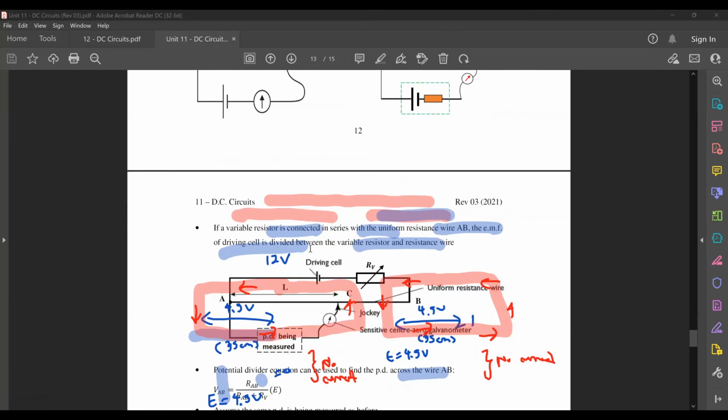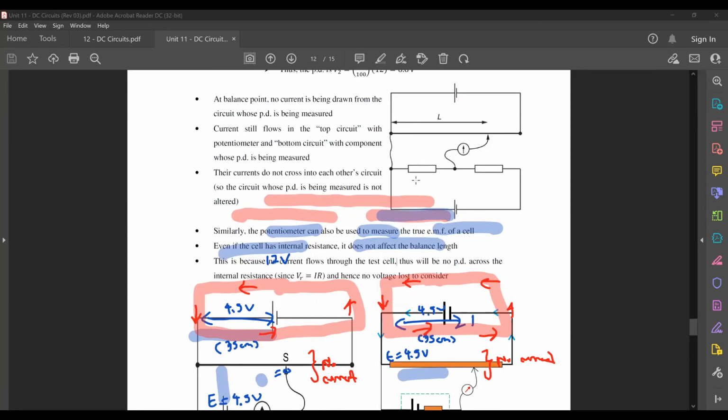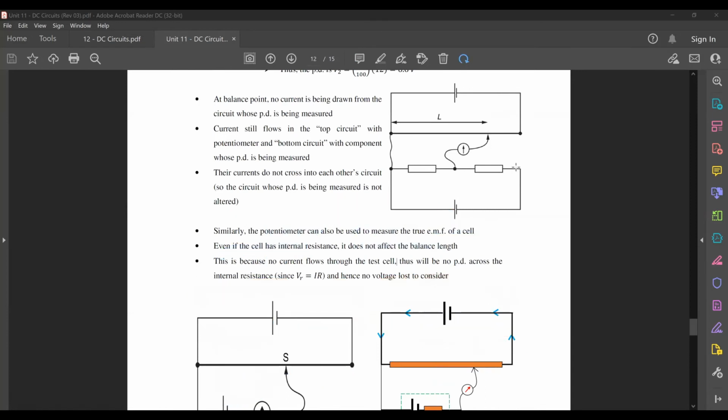Okay, right. So another thing I probably should mention, I can also do for you the same example. If this one has a PD of 6.6 volts, this balance length would be 55 centimeter, representing a PD of 6.6 volts.